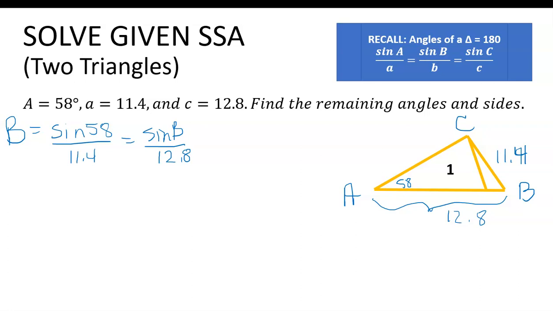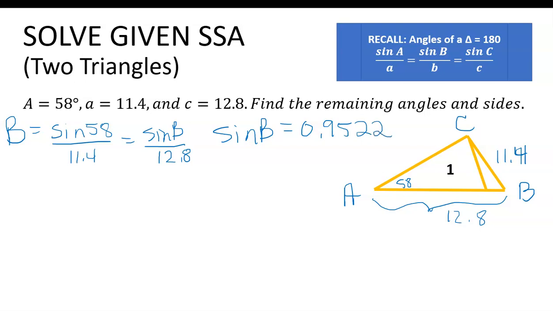You have to think about this as going the opposite. This problem is actually going the other way. Think of this one as being an SSA. So I would solve all of this out, and I would get sine of B is equal to 0.9522.